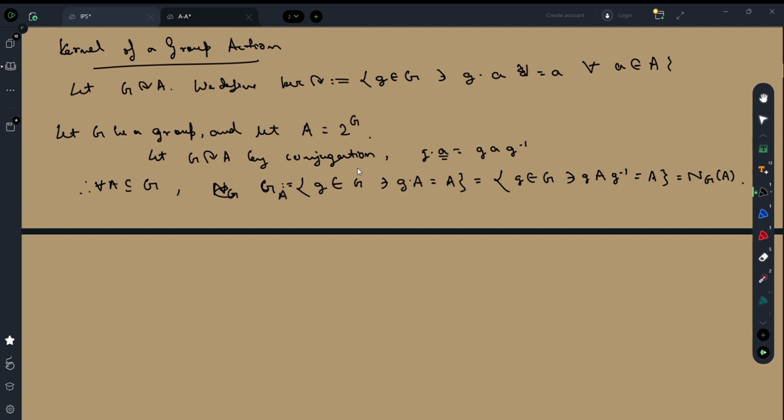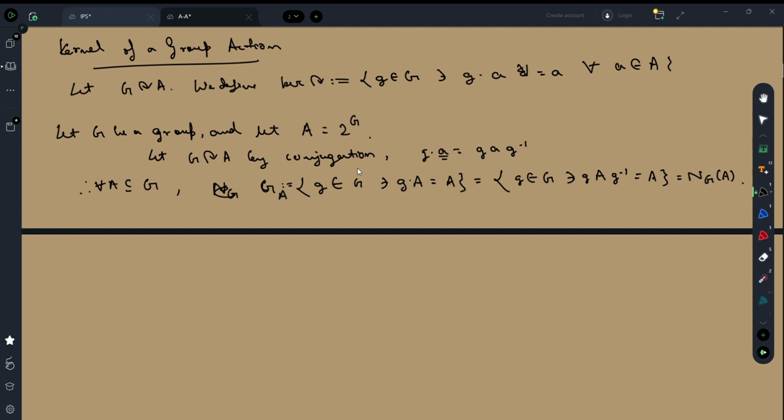I guess now you are able to get the relation between the normalizer and a group action, quite a bit, I should say. Almost every important aspect of studying a group can be related to a group action, to a very specific group action.